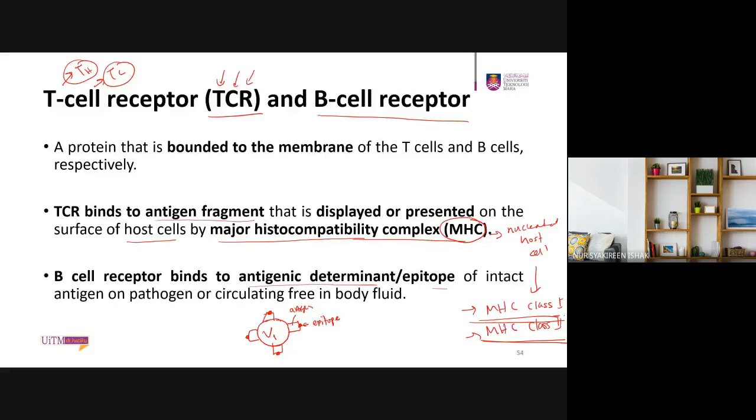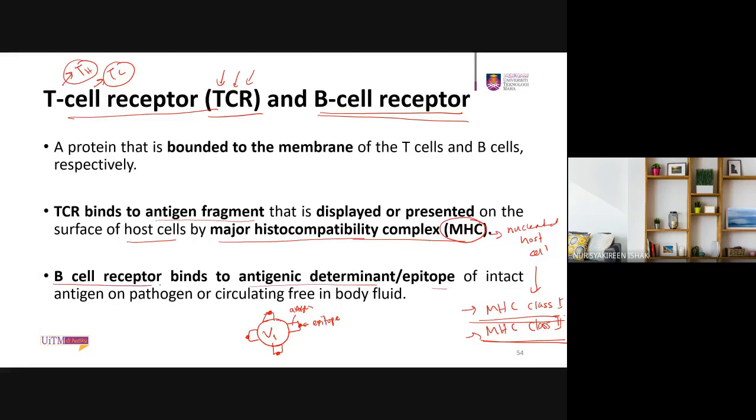So this small structure we call it as the epitope. Okay, the epitope. Okay, so for B cell receptor ataupun T cell receptor, to be specific, it binds to the epitope of the antigen of the pathogen. Faham tak?